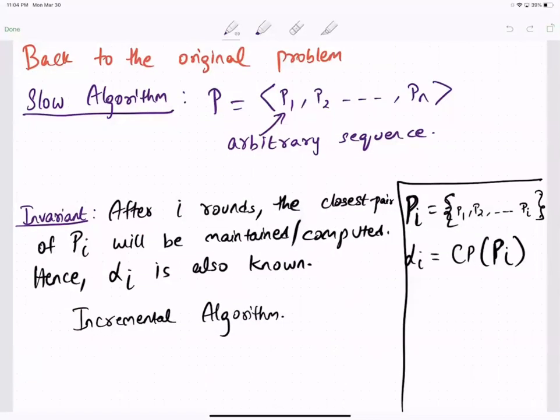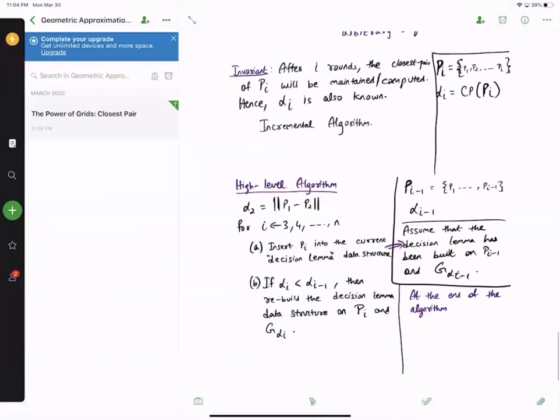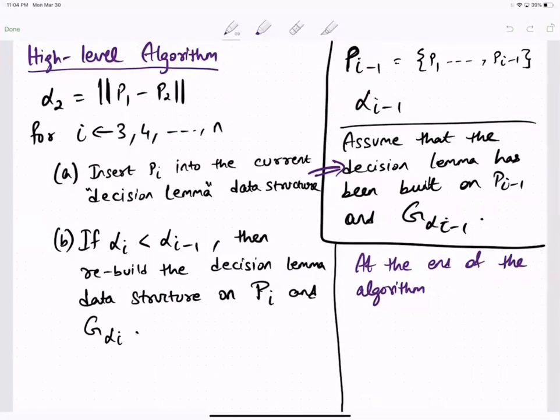It says we are incrementally maintaining the closest pair, right? So the correctness is guaranteed by that. So at the end of the algorithm, we will know alpha n and the closest pair of points, because we are maintaining that invariant.